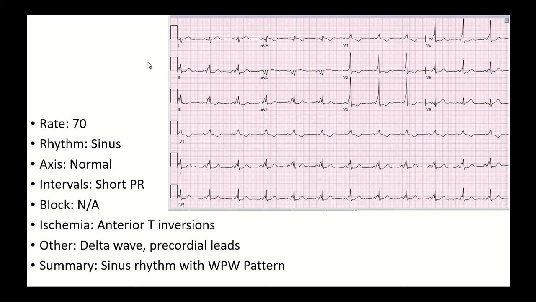You don't really know. And what happens is when the P wave gets to that pathway, it starts to conduct down that pathway and down the native AV conduction through the node as well. Those two depolarizations merge to create this QRS that's got this upstroke, this delta wave to it here.